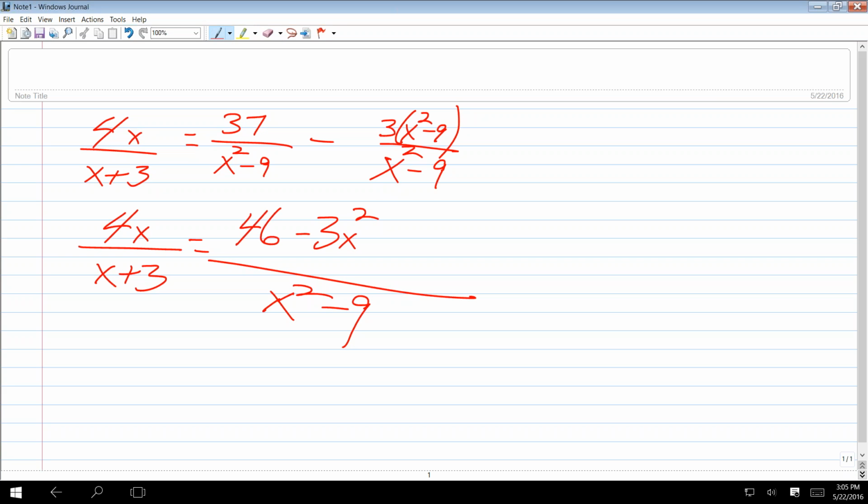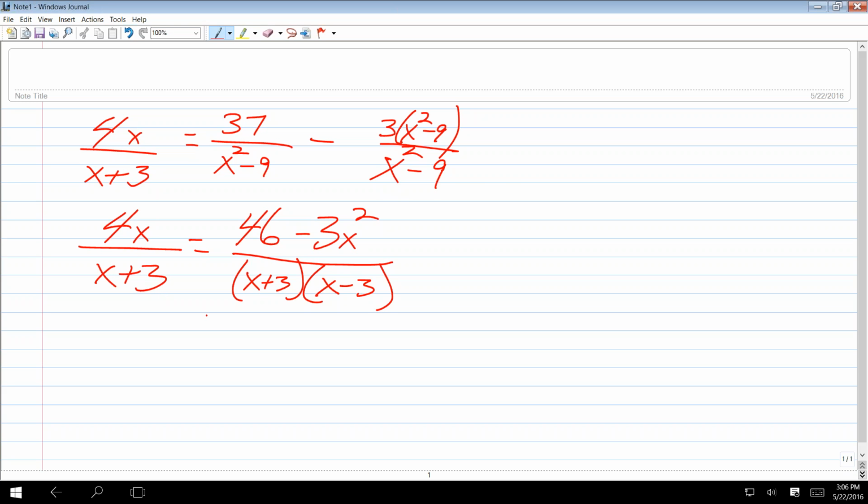Now we can do a couple of things. First of all, let me straighten out my fraction line. What's this called? X squared minus 9. Difference of squares. How does it factor? X plus 3, x minus 3. So if I write it like that, now I almost have the same denominators on both sides.